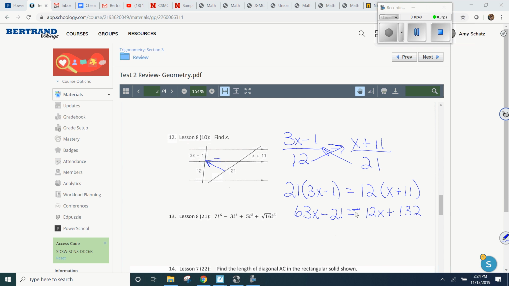Do I need to go from there? X is equal to 3. Next.